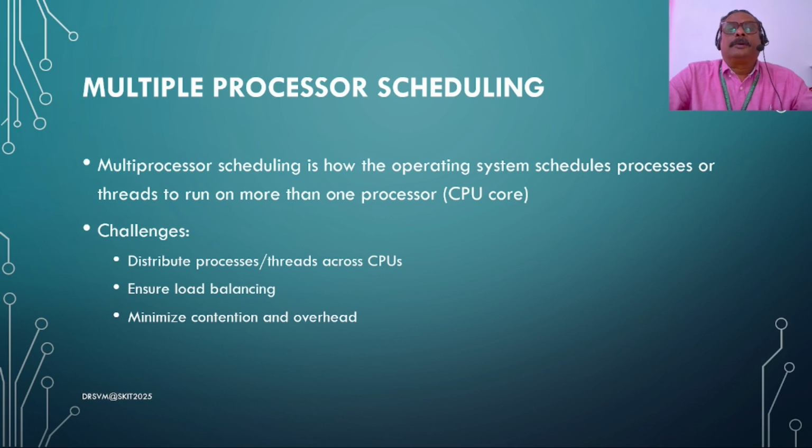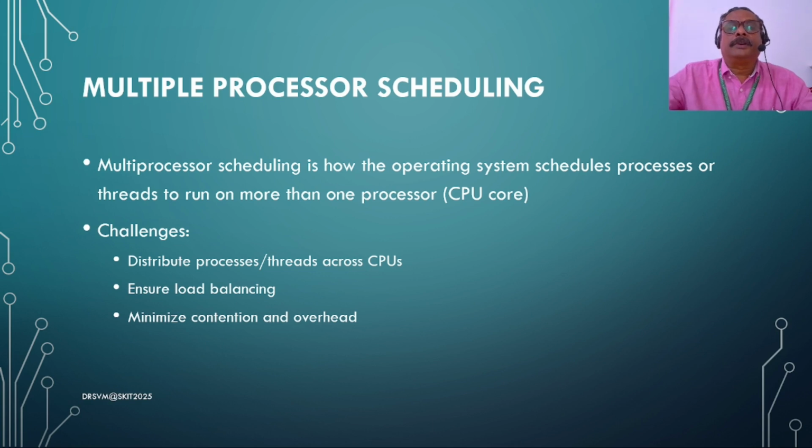The problem with this is that the processor which was already working with a particular job knew all the details, like the data and the program counter. That is the process control block details, everything was available with that processor.